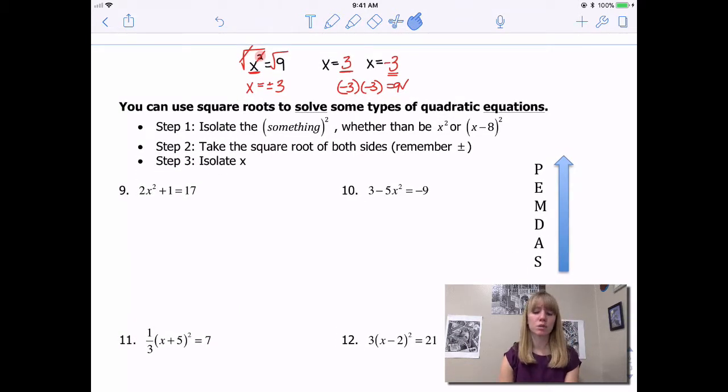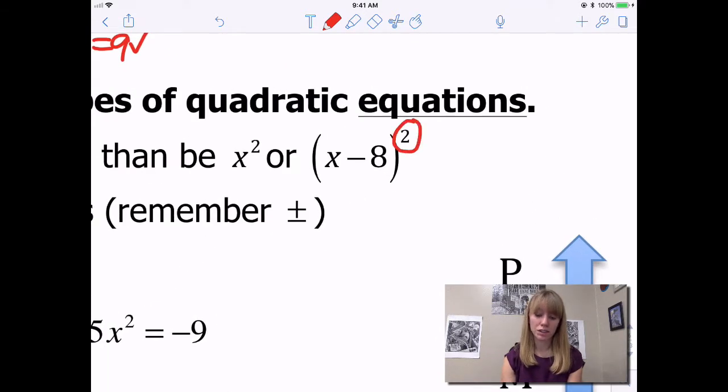When we solve using square roots, we can really have 3 steps. First of all, we want to isolate whatever is squared. I'm going to say isolate the weird thing, whatever the something squared is. Whether that be x squared, like it was up here, or x minus 8 squared, we just want to get the square on the outside.